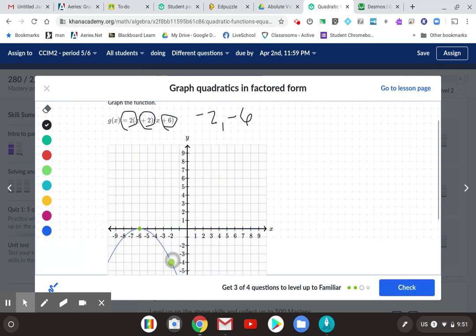So move this one to -6. All right, so what's in between -2 and -6 is going to be -4. So we know the vertex is -4, comma, something. Put it into the equation.